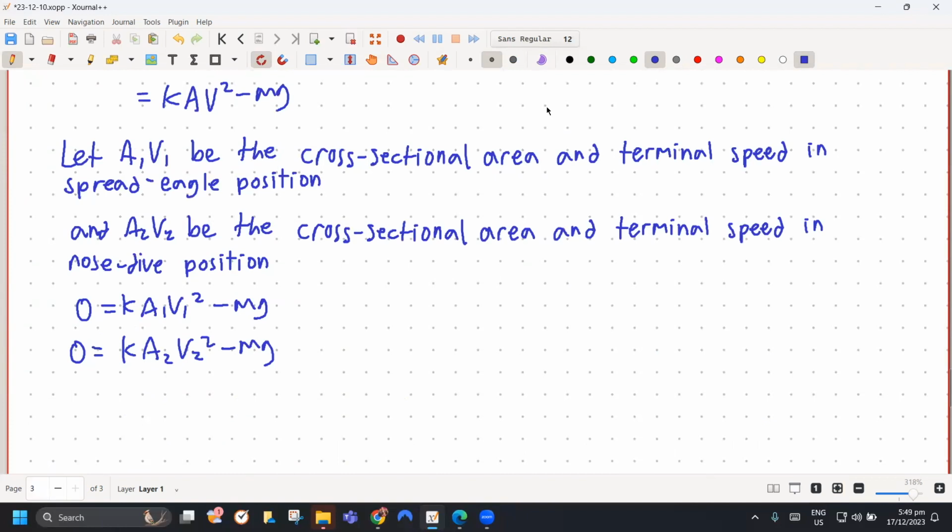So we're looking for the ratio A1 over A2. And then the other one is nose dive.